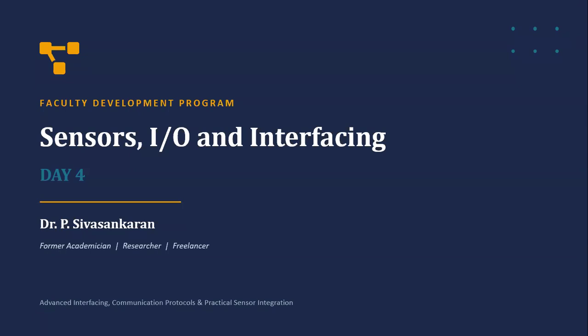In addition to that, we will also cover signal conditioning, analog to digital conversion, communication protocols, industrial input-output standards, and practical sensor integration techniques. Let us begin our learning journey for today's faculty development program.